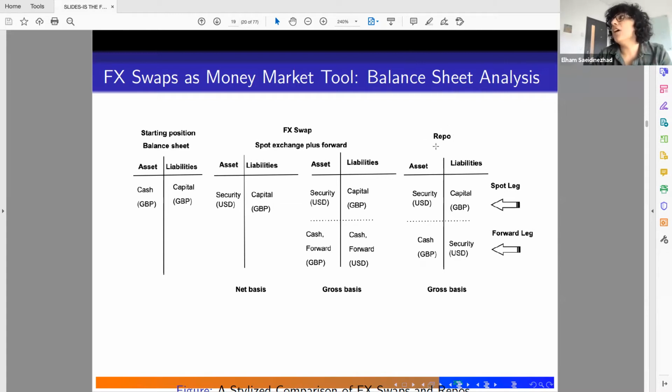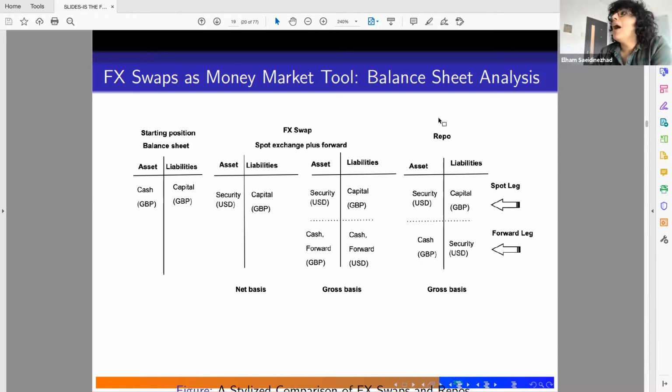As a result of this repo transaction, we see that the balance sheet of this investor has expanded. The new balance sheet is the following: on the asset side, we have dollar securities. And on the liability side, again, remember we said that we have no debt, and rather we only have this capital, which is denominated in British pound.